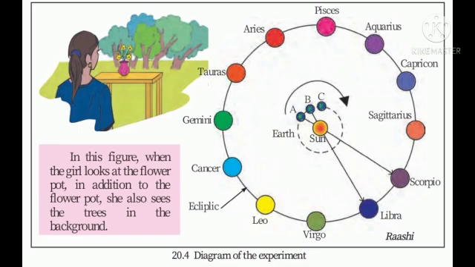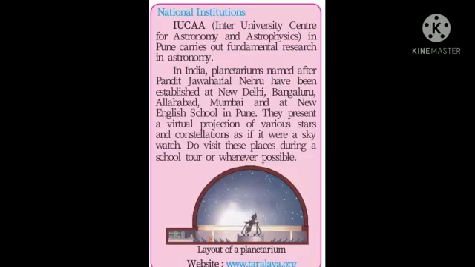This motion of the sun is called apparent motion and its path is called the apparent path. The rising of the sun in the east and setting in the west is also an effect of apparent motion.